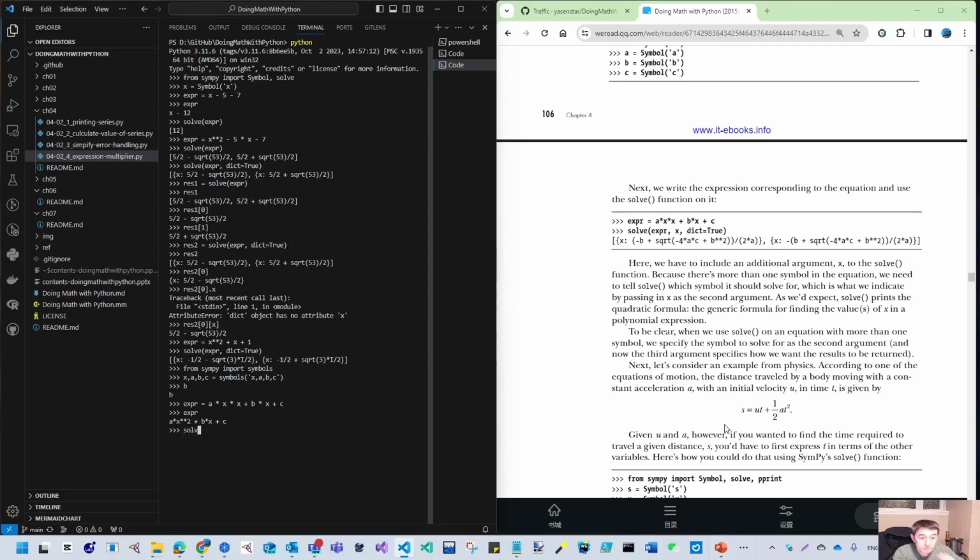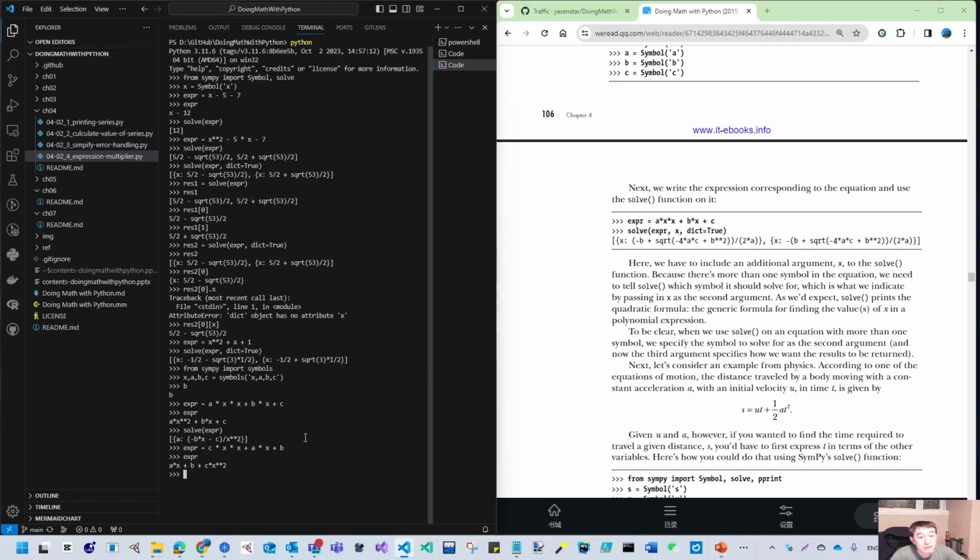Then let's solve. So if I just solve the expression, you see here it will solve for A for you. I don't think it has any order, but it looks like A is the first one, so it's getting A. Let's see, if I put this expression, so here I put C, here I put A, here I put B. Now A is still first.